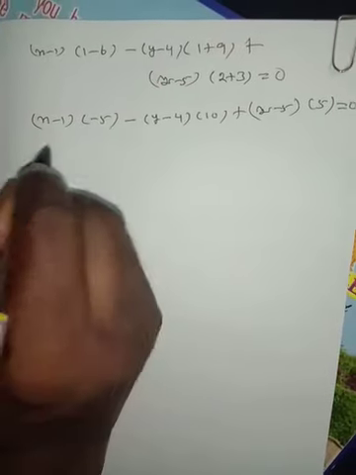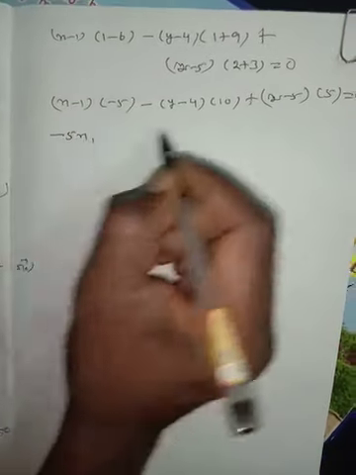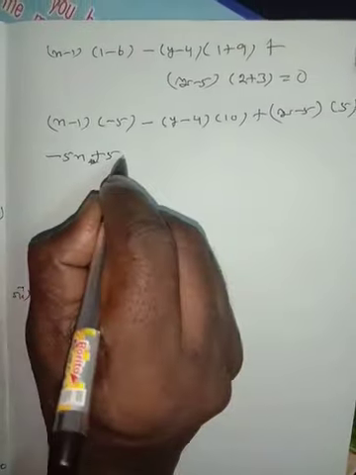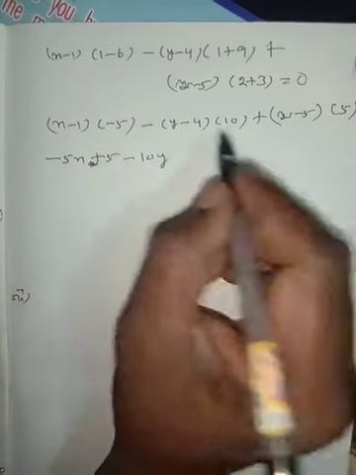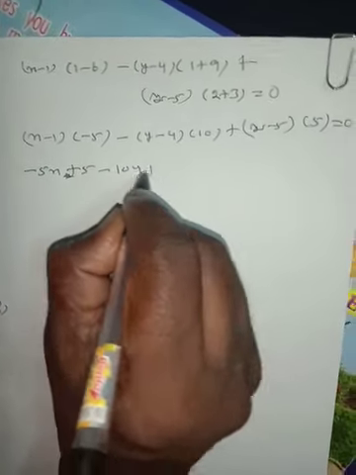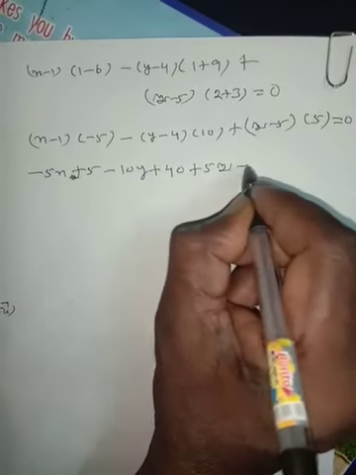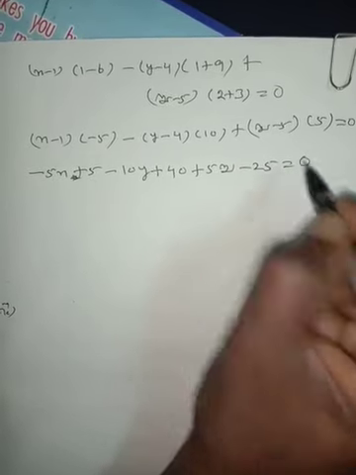This means minus 5x plus 5, minus 10y plus 40, plus 5z minus 25 is equal to 0.